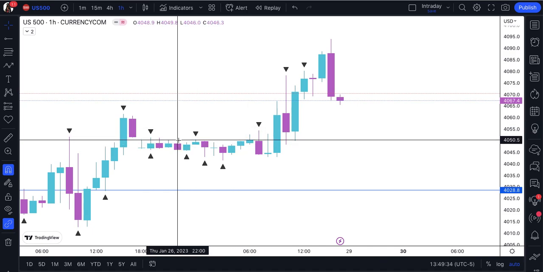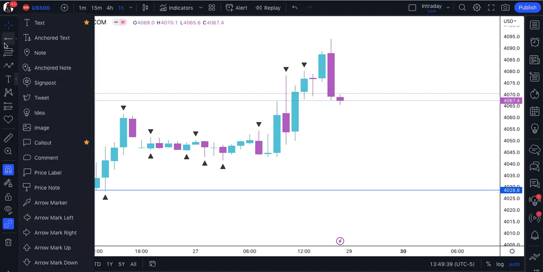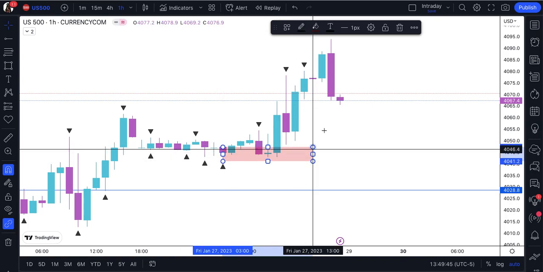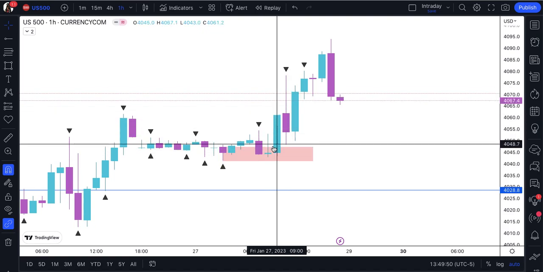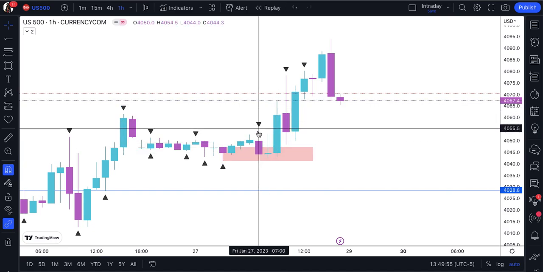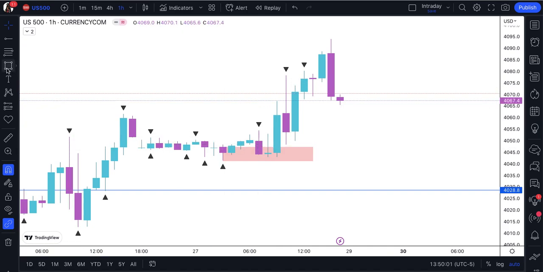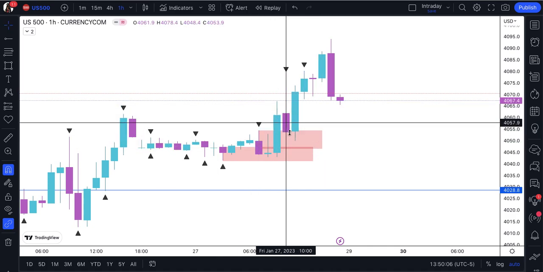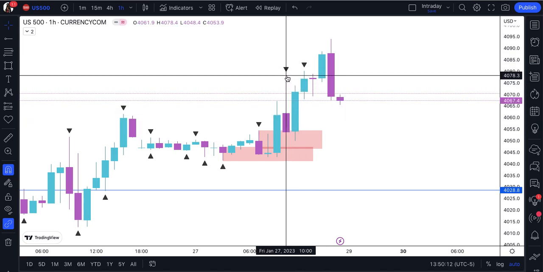It broke this level here. So that means this is now a valid level of support. It's an order block. Price came in here and tested it and tested it, and then it had a big explosive candle out of there. Now this candle broke this level, so now this is the next valid order block. Guess what? Price came back and it blasted up. And we broke this level.